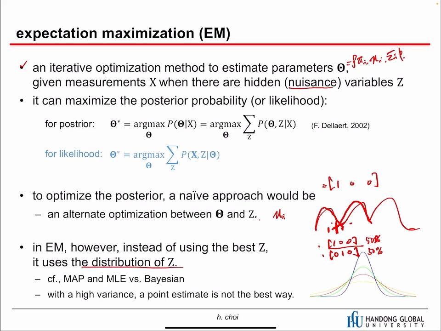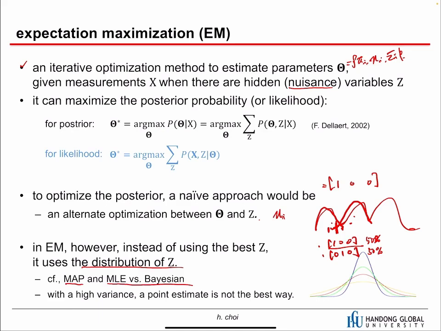How likely does this sample belong to this component? So we don't ignore any information. We use all the information, even tiny bits. That is the difference between MAP and MLE versus Bayesians.